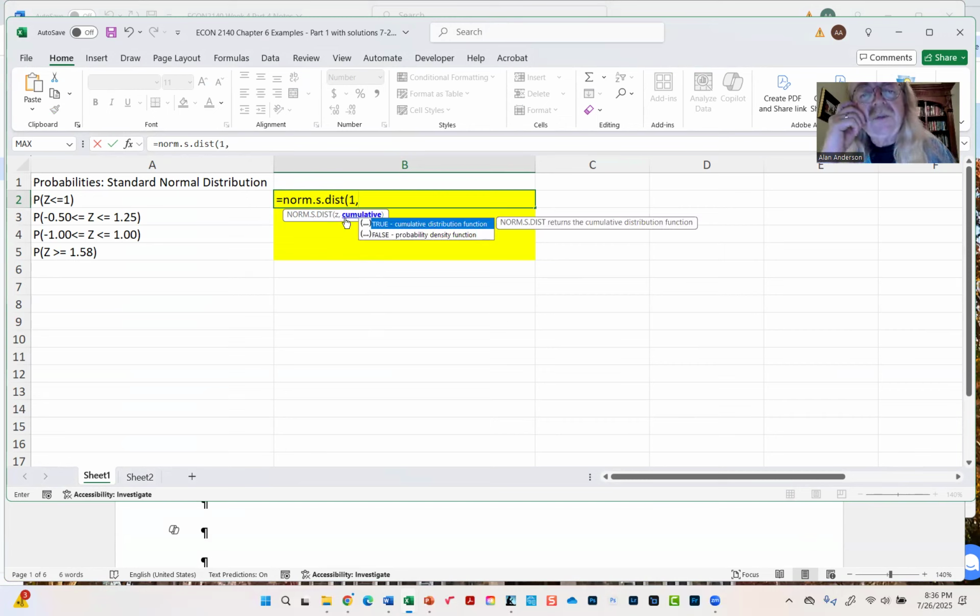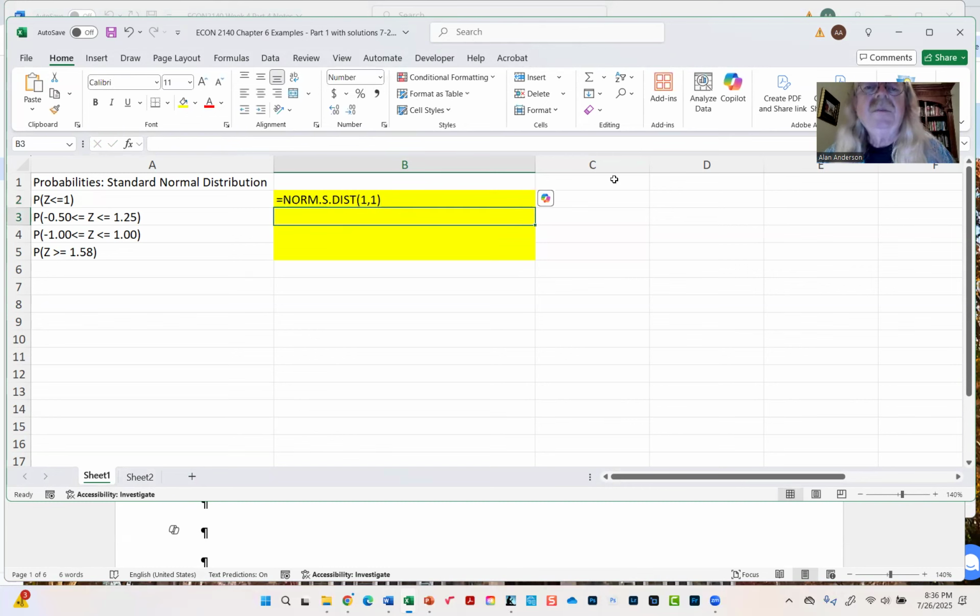And then it asks for this cumulative value, which we've seen before. Cumulative means less than or equal to. If you put a 1 here, that means you do want cumulative. If you put a 0 here, you do not. With the normal distribution, we always say yes to this one. In other words, you always put 1 for cumulative anytime you're dealing with the normal distribution or the standard normal distribution.